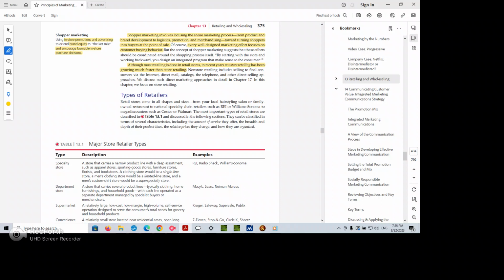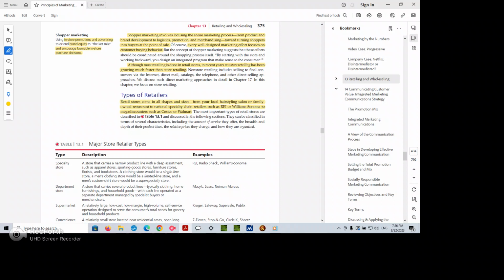Now, in terms of the types of retailers. Retail stores come in all shapes and sizes, from your local hairstyling salon or family-owned restaurant to national specialty chain stores like REI or Williams Sonoma, to mega discounters such as Costco or Walmart.